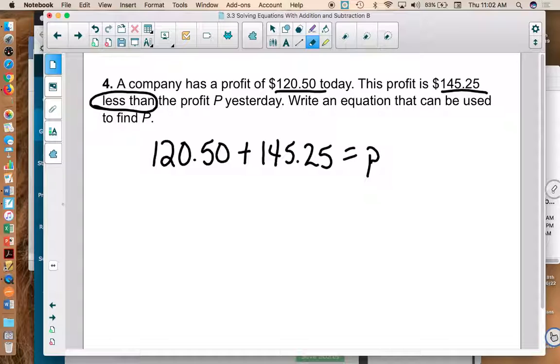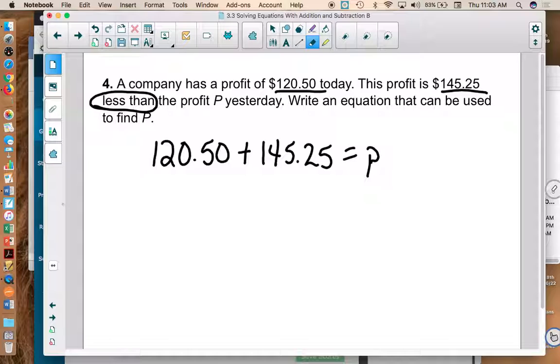This profit is $145 less than. Oh. Okay. But why is it telling me why is this less than an important statement then? And honestly, this isn't an algebraic expression here, which is what we need to be working with, okay?